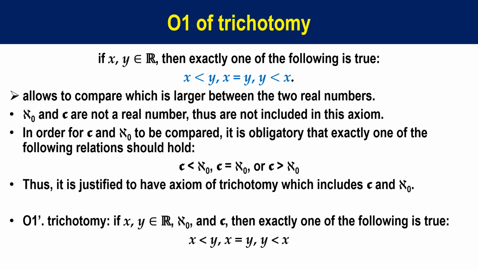Thus, we'll have O1 prime of trichotomy, which states if x and y are elements in the real numbers or Aleph null and C, then exactly one of the following is true: x is smaller than, equal to, or larger than y.